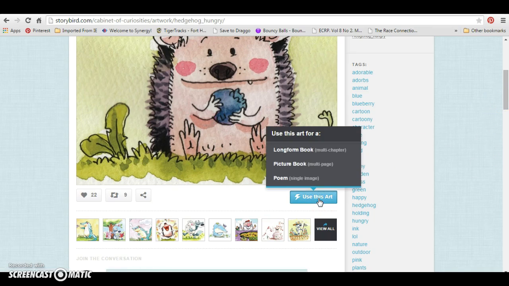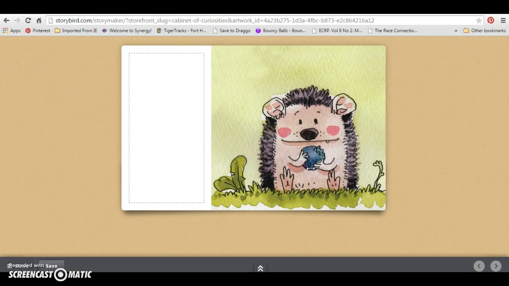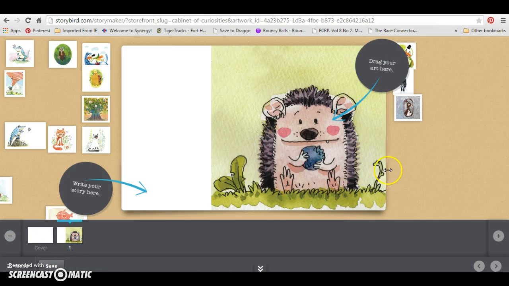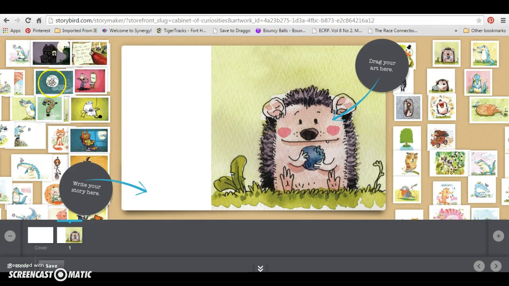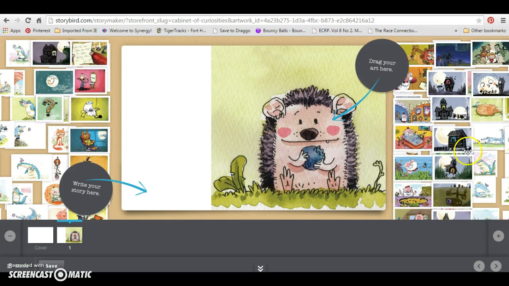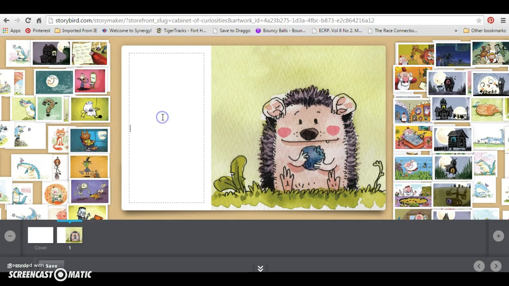So if I want to use this art, I always tell my kids to use picture books because they're younger. And it automatically started my book for me. And then it's already generating all of these other pages that I can insert into my book. So I can write about this little hedgehog.